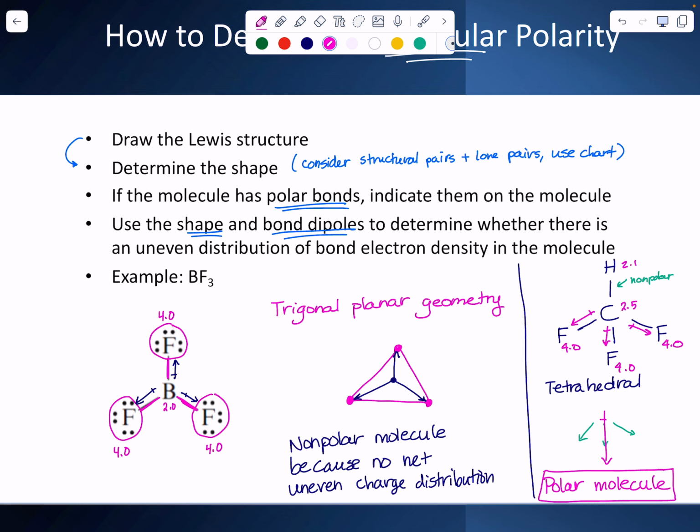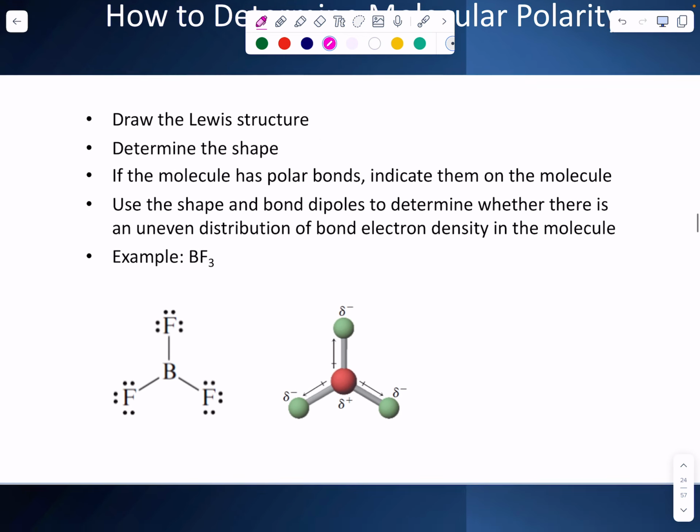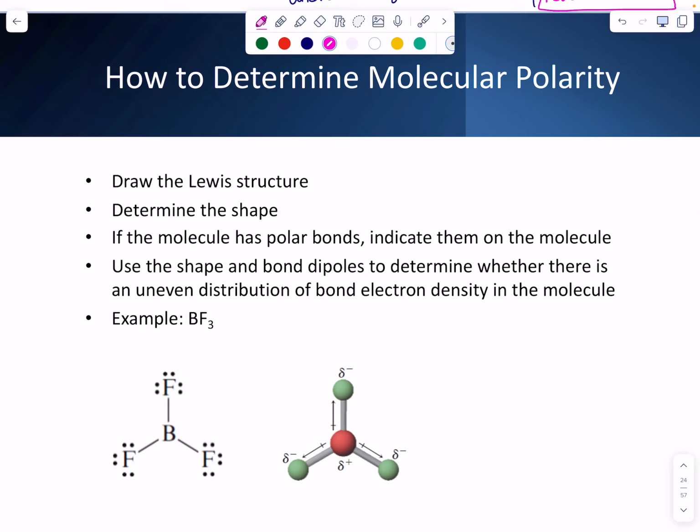So shape really matters, not just whether individual bonds are polar. All right, so this is just a fancy picture of what I drew by hand. This is, again, nonpolar because all the forces, the dipoles, offset.